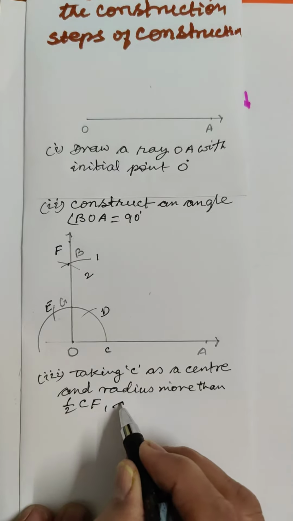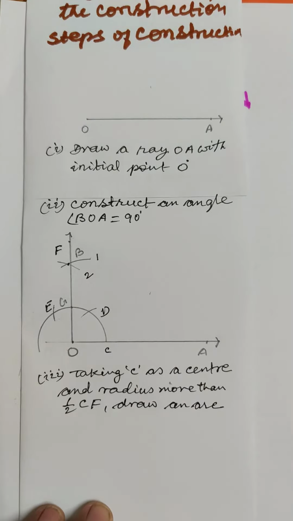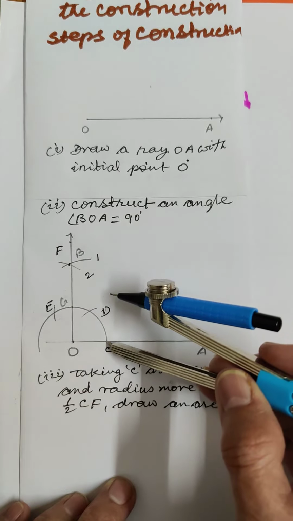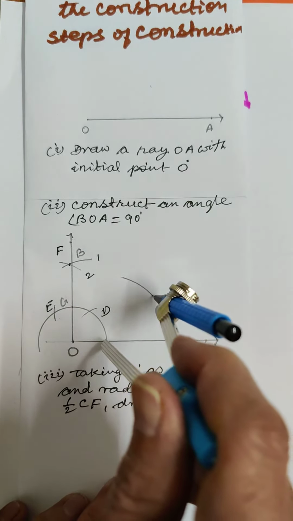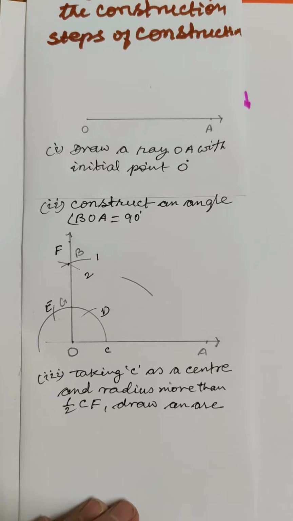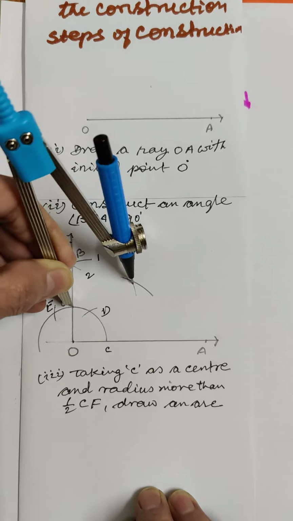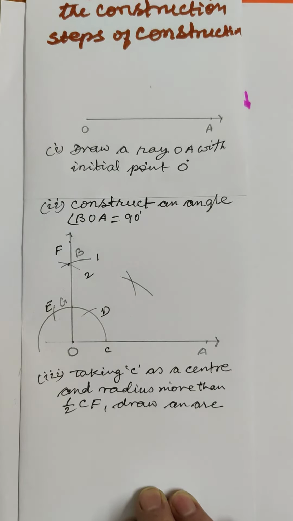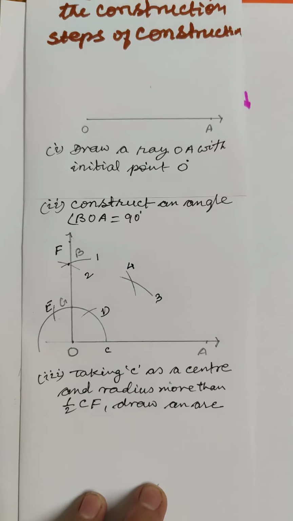Draw an arc. Now taking G as a center, and with the same radius, drawing another arc. First arc was say 3 and second 4. Where these arcs are intersecting, suppose it is H. Point H.